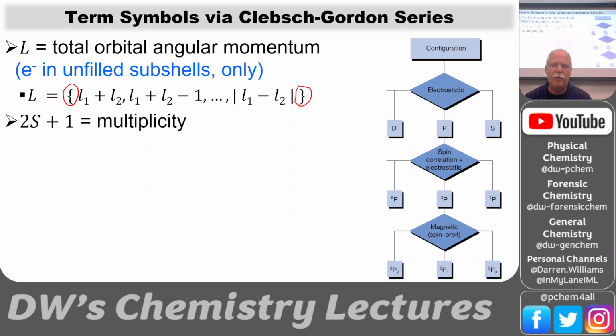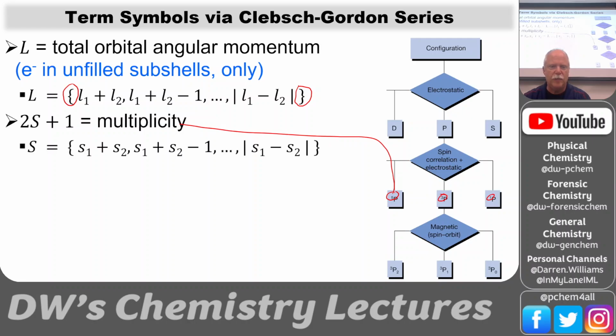You also have this number of multiplicity. So the multiplicities are these superscripts. I would say superscript prefixes. Okay, these are the multiplicities. And those are made up of the individual spins of the electron. So plus 1/2, minus 1/2, and so on.